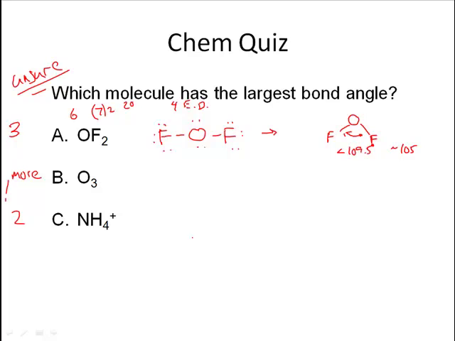So let's look at the C. Why isn't it C? Here you got C, N, N, H, H, H, H. For this, N has 5, H, there's 4 of them. And then you have a positive charge, which means you lose 1 electron. So 9 minus 1 is 8 electrons total. I got 2, 4, 6, 8.